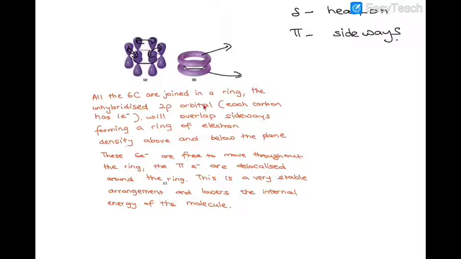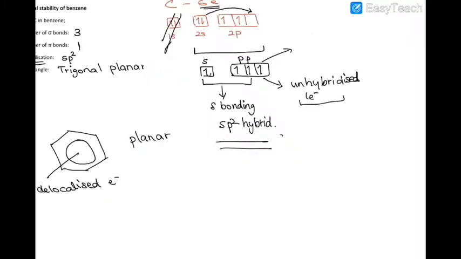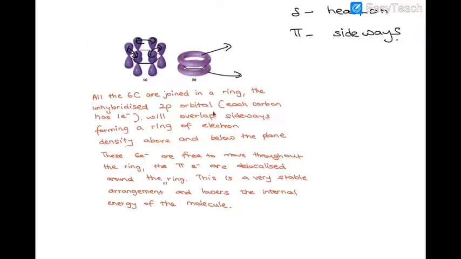The unhybridized 2p orbital is going to be involved in sideways overlapping, forming that pi bond above and below the plane. These 6 electrons are free to move throughout the ring, so they are delocalized electrons. They move around, and this is a very stable arrangement, and it lowers the internal energy of the molecule. So low internal energy means that it's very, very stable.